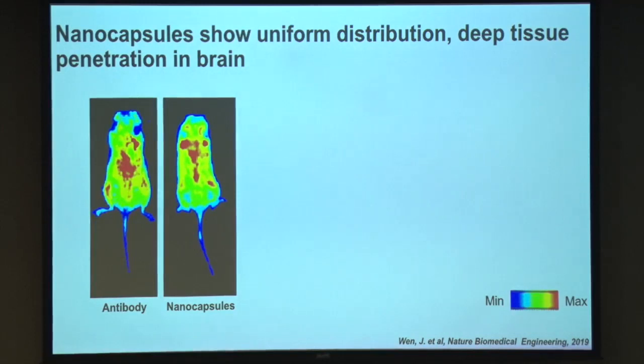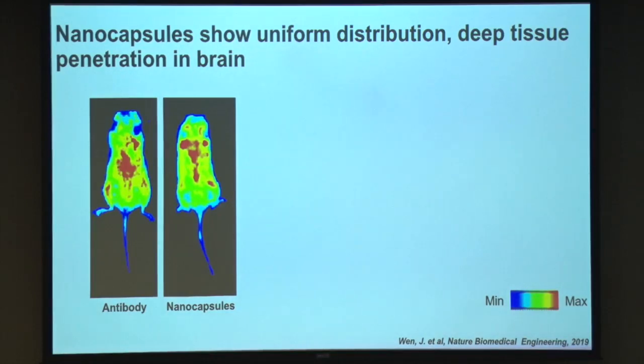That's why this nanocapsule shows a very long and uniform distribution in vivo. This is a demonstration from the work we just published last month. Compared to the antibody itself, even after encapsulation, it still shows a very uniform distribution, but compared to the native one, we can improve the maintenance up to 3 or 4-fold.